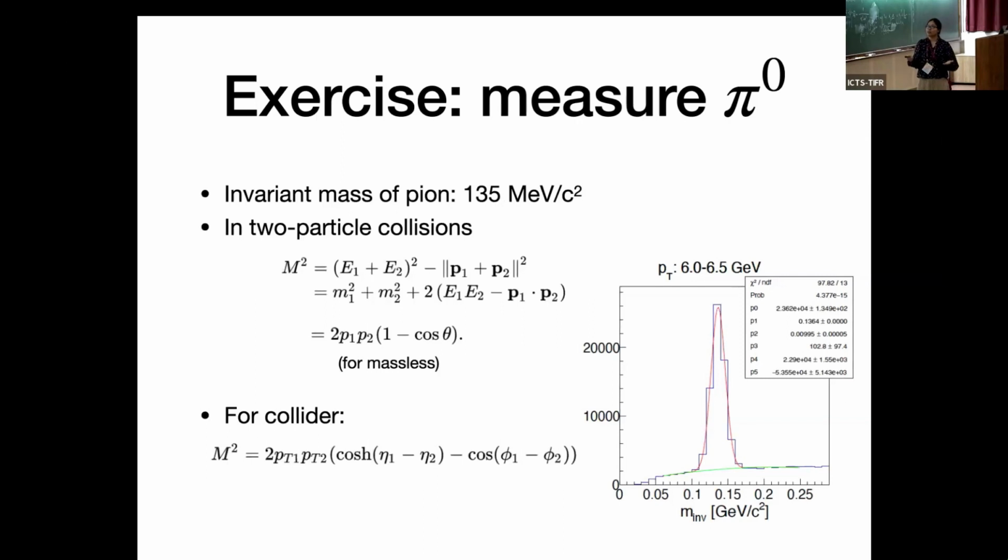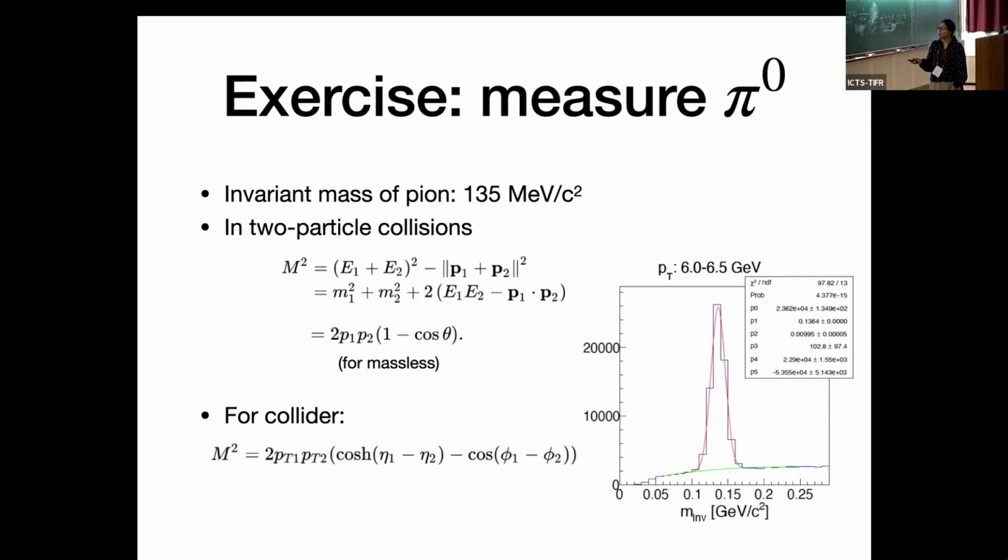So you can calculate the invariant mass in terms of two-particle collisions and two-body decay. For massless particles, it gets quite simple here, right? For the photon, you can base it on that. And for the collider, you can also reconstruct the invariant mass from the variables of the angle, right? The pseudorapidity and then the azimuthal angle difference between the two photons.